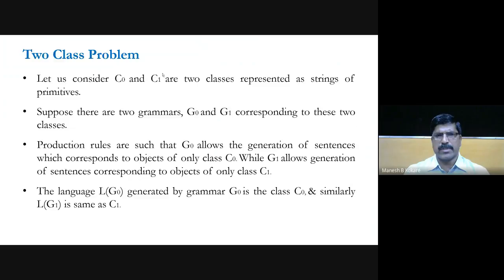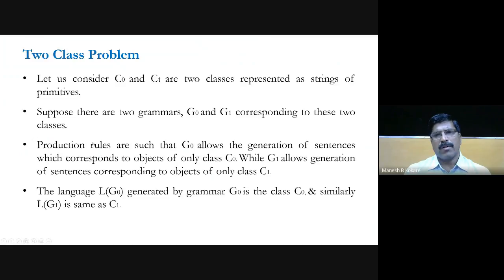Language we saw yesterday, and we also talked about the two-class problem, that is C0 and C1. Let us consider C0 and C1 as two classes represented as strings of primitives, and the strings of primitives are the language of that class. Suppose there are two grammars, G0 and G1. G0 is the grammar for C0 and G1 is the grammar for C1.